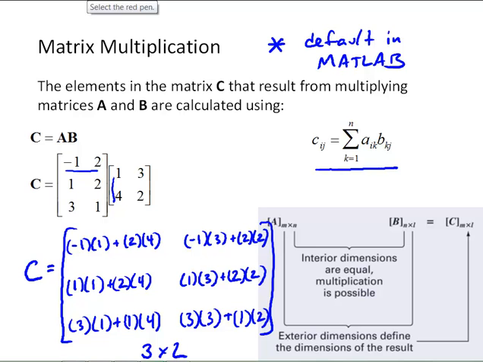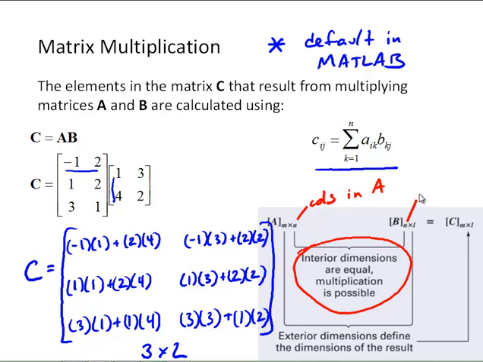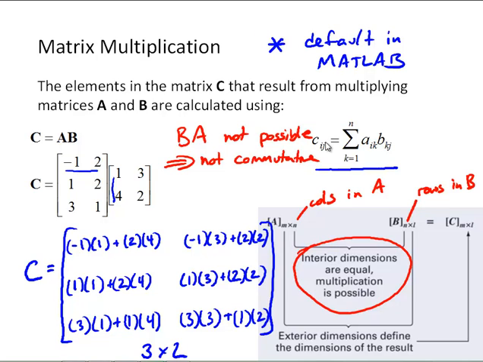Another thing that's important is that the interior dimensions of the matrices, so the number of columns in A, must be equal to the number of rows in B. And notice B times A is not possible, which tells us that this is not a commutative operation.